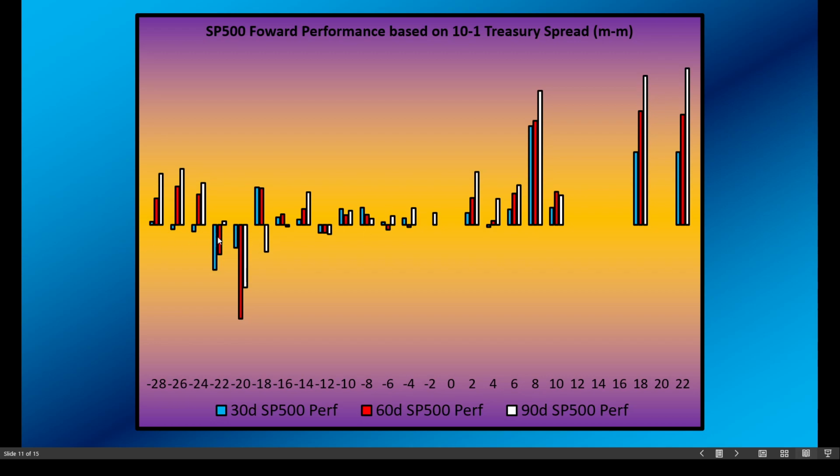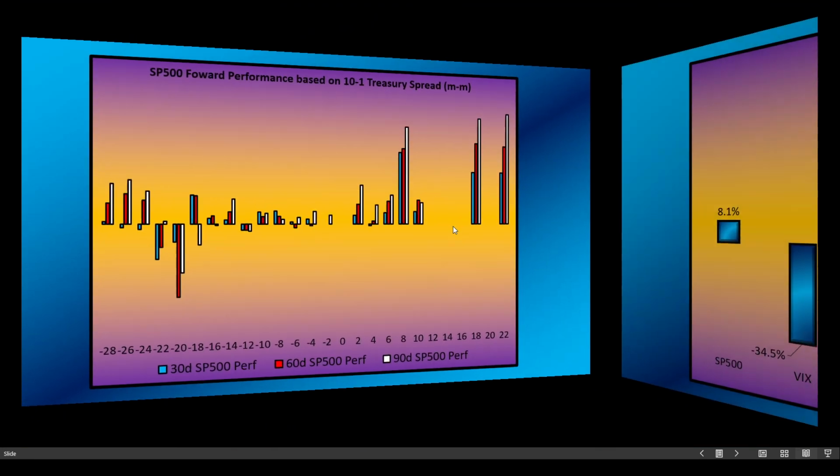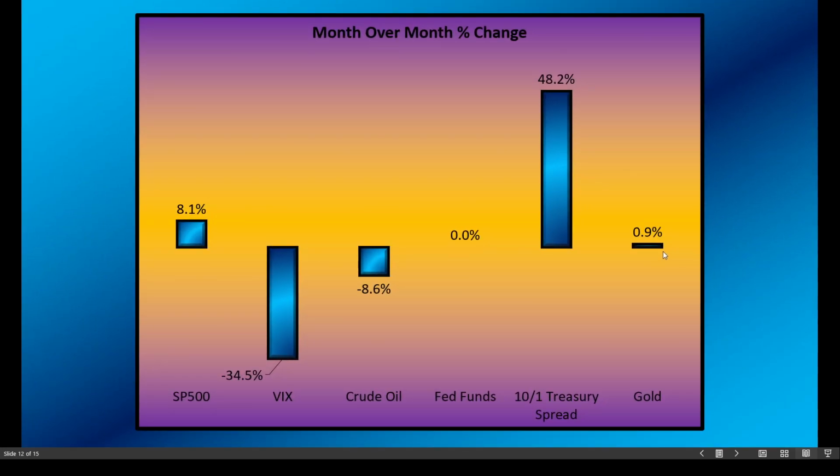Weaker markets usually coincide with a contraction in the Treasury spread. Lately, the Treasury spread's been growing. Certainly, that's good news, but it's growing by a very small degree, so that usually doesn't coincide with big market returns.